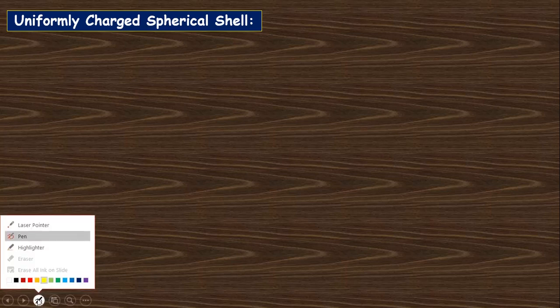Next we want to discuss the uniformly charged spherical shell. Shell means there is an empty space on the inner side.